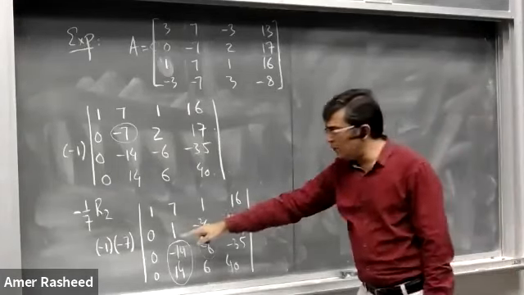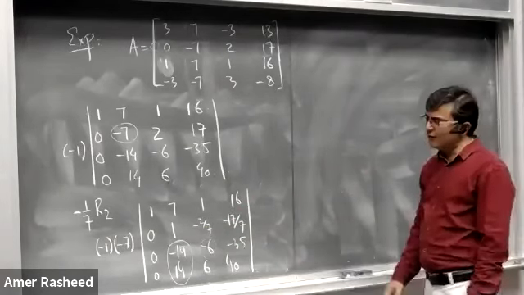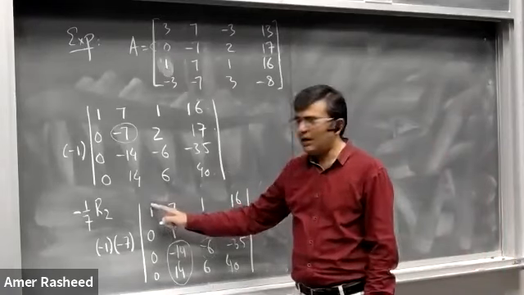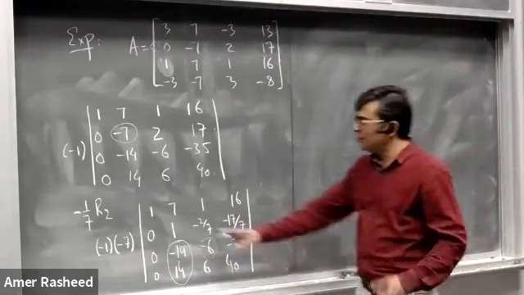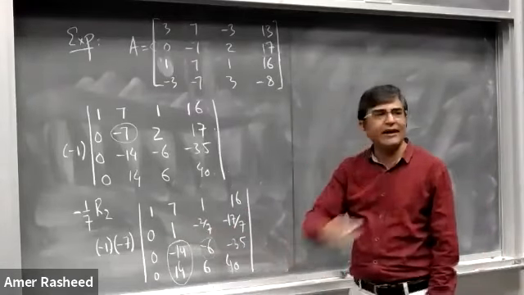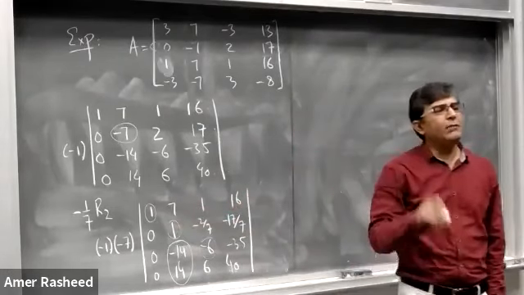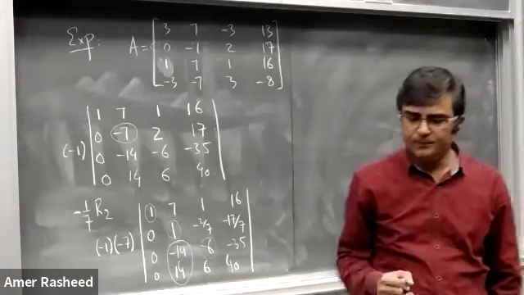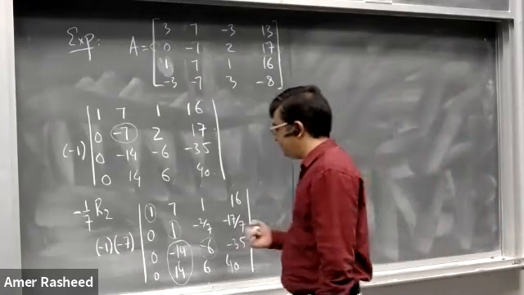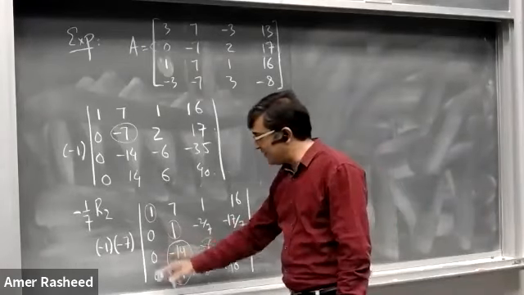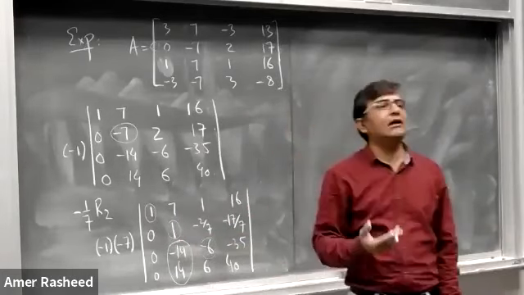After obtaining the echelon form, in fact, in echelon form, you don't need to make 1 here. I already told you. Okay, it is not necessary that you always make 1 here in the diagonal and 0 below. You can have some different constants here. We make 1 here in order to simplify, or for our convenience, in order to make these entries 0. In echelon form, these diagonal entries may not be equal to 1.